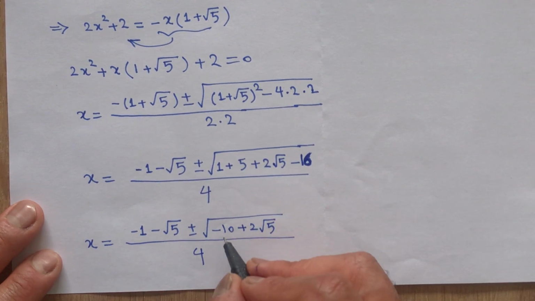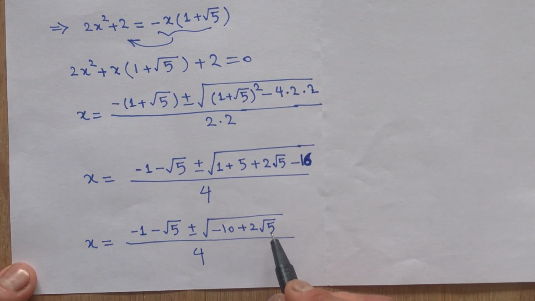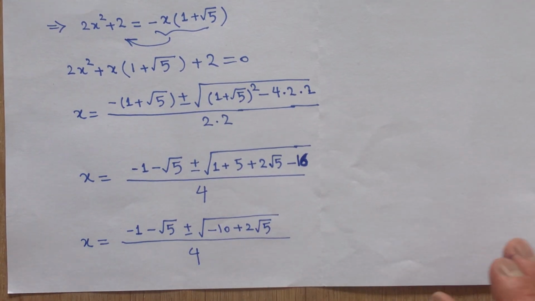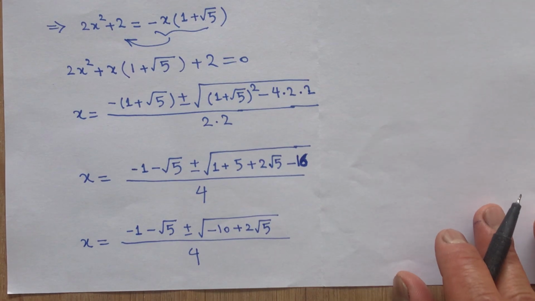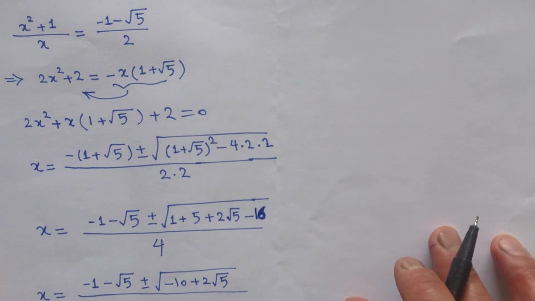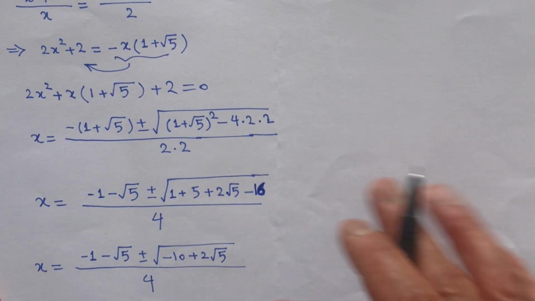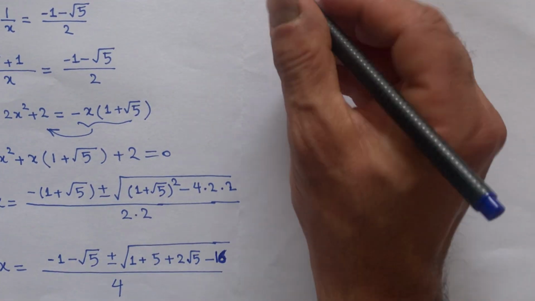And you know 10 is bigger than 2 square root of 5, so this is also a negative number. So I can factor out minus from this square root and take the imaginary number outside. So I can write it again here.